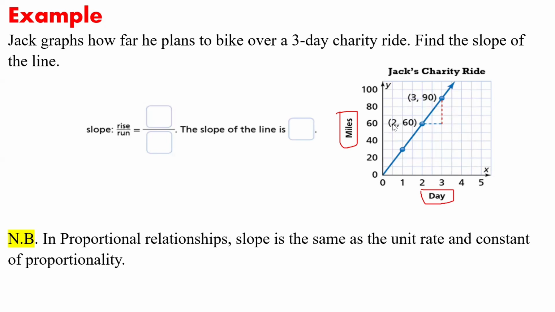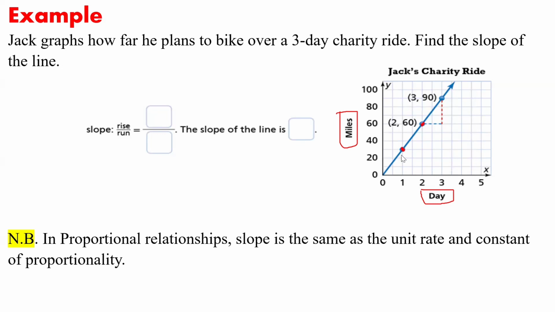All you need is 2 points, and points are locations on the graph. All you need is two points on the line to use the formula rise over run. I am going to use these 2 points, this one to my far left and this second one right here.